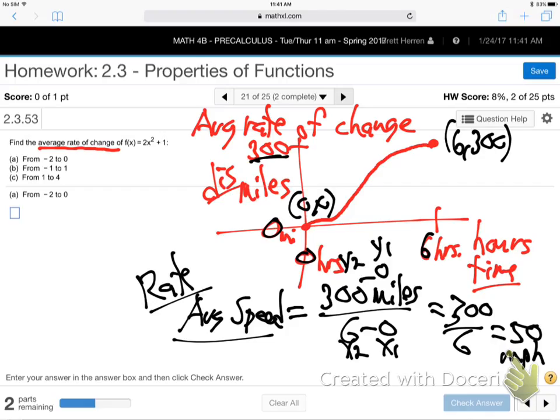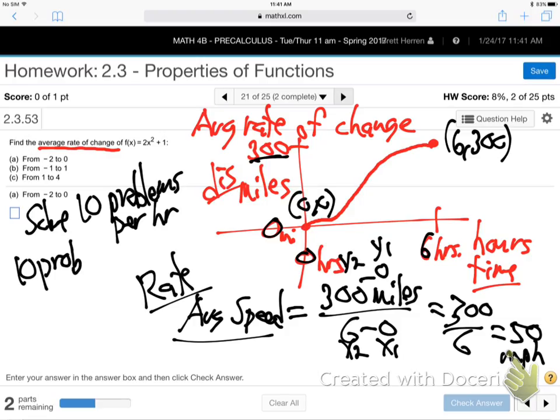I don't know if you've ever thought about speeds that way. How fast you do anything is always a slope. If you can solve 10 problems per hour, maybe on MathXL, let's say your average MathXL speed is 10 problems per hour, that's 10 problems per 1 hour.